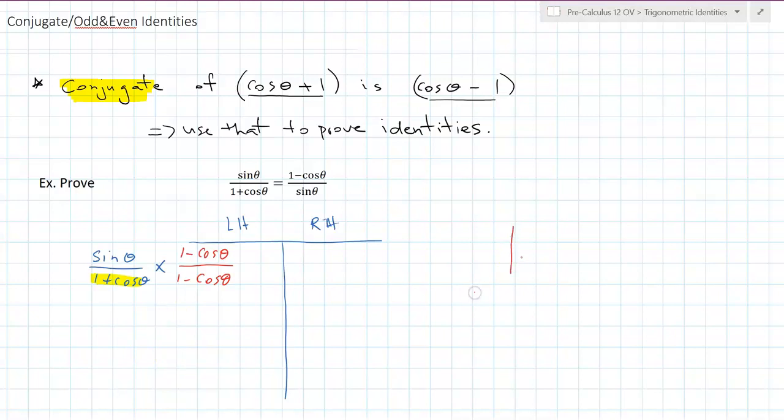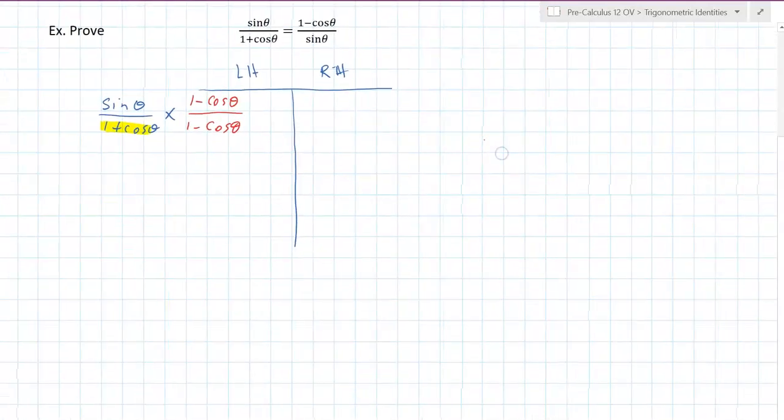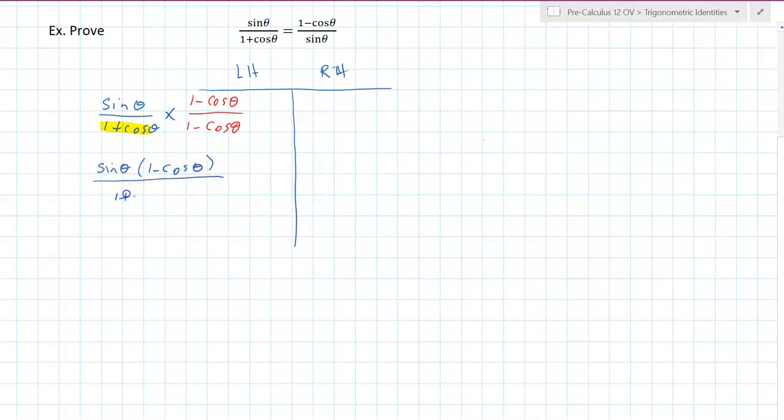Okay, so in here, let's go ahead and do the simplification. This would be sine theta times 1 minus cos theta all over, it's a difference of squares, so when you multiply the 1 plus cos theta with 1 minus cos theta, you get 1 minus cos squared theta.